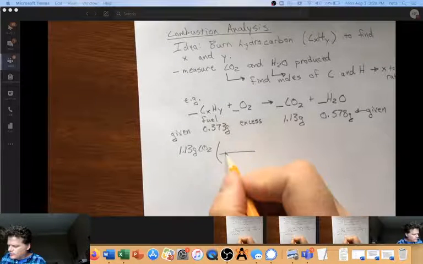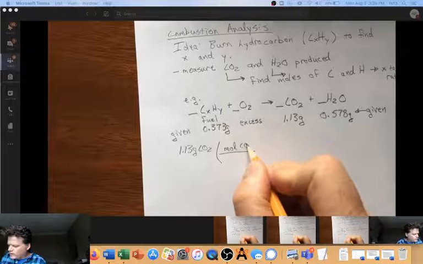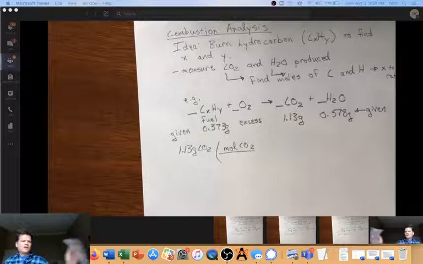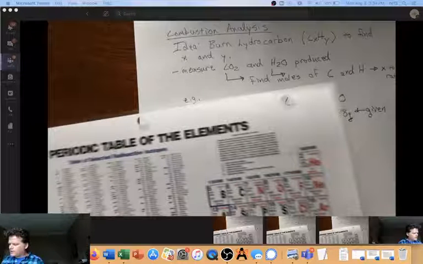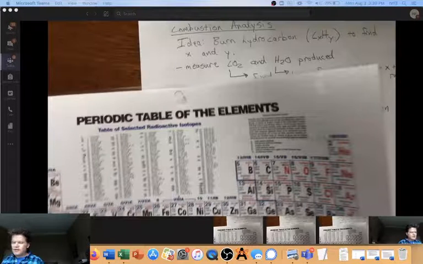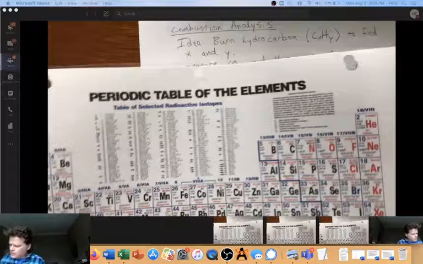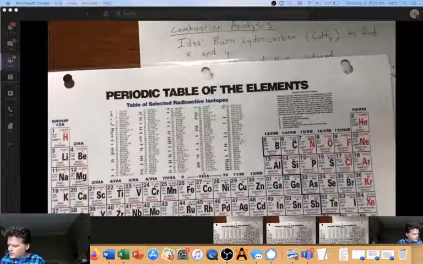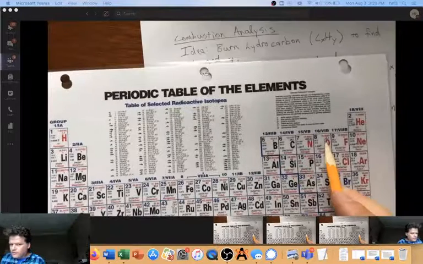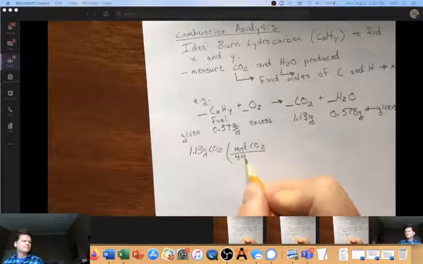Let's go to moles. We look up our periodic table. It's 12.01 for the carbon, 16 for the oxygen. Add them up and you get 44.01 grams of carbon dioxide for a mole of carbon dioxide.